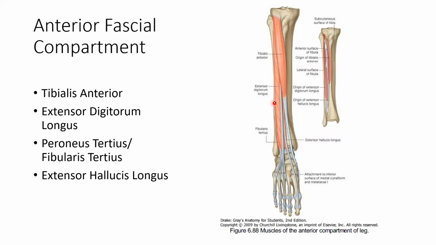When you look at the lateral compartment, there are two fibularis or two peroneal muscles. This one is the third peroneal muscle. Therefore, it's called the third fibular muscle, fibularis tertius. Peroneus and fibularis mean the same, so you can use either of these two words.